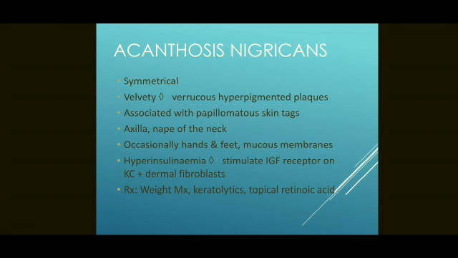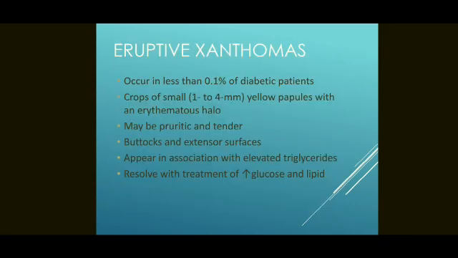Hyperinsulinemia stimulates insulin-like growth factor receptors on the dermal fibroblasts. Treatment would be weight reduction, keratolytics, topical retinoic acid, and of course, maintenance of the diabetic status. This is the clinical picture where you can see pigmented, velvety appearance of the skin around the neck.